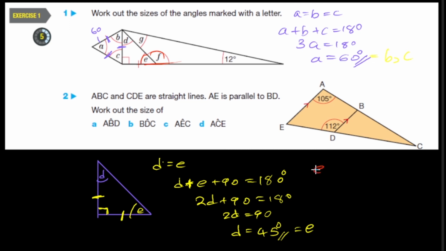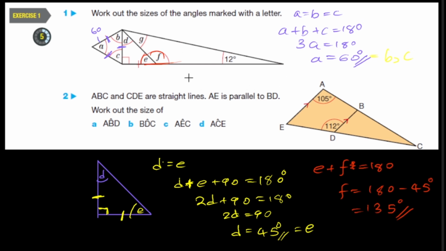So I can write E plus F equals 180 degrees. E we already found, it is 45, so F equals 180 minus 45 degrees, which is 135 degrees. We got 135 degrees for F.